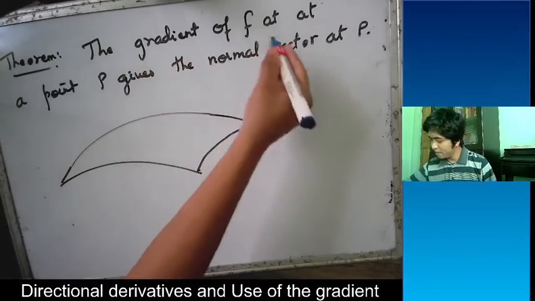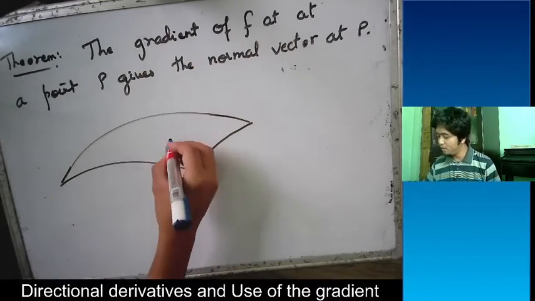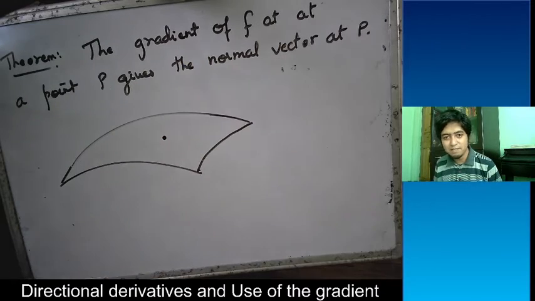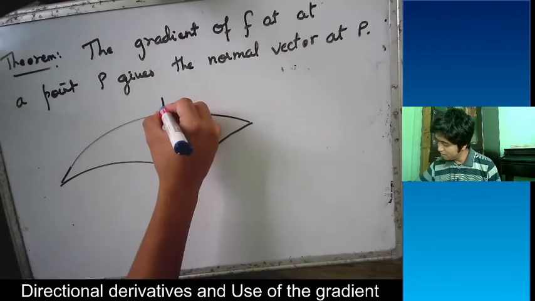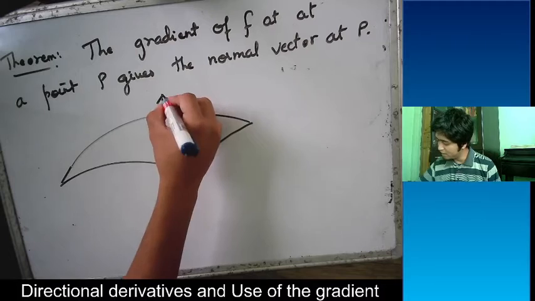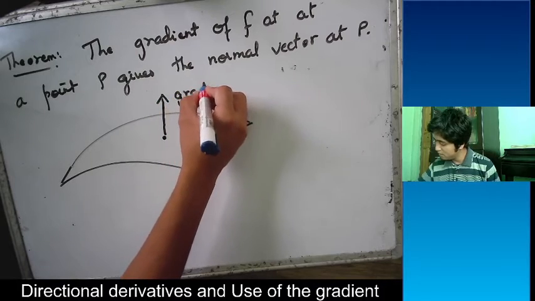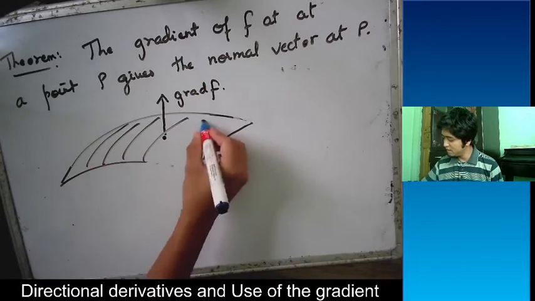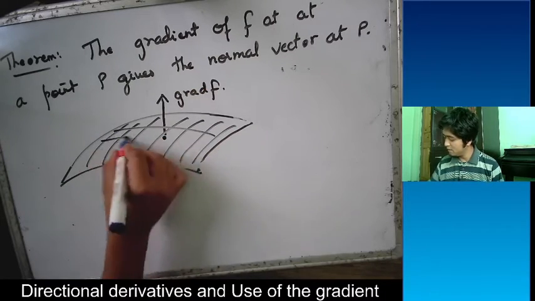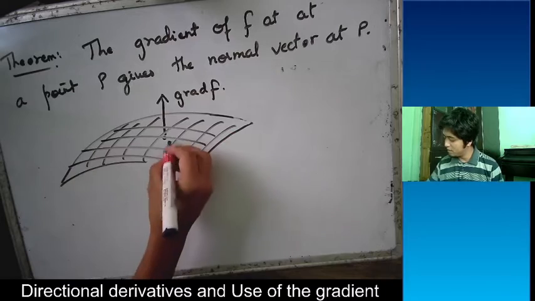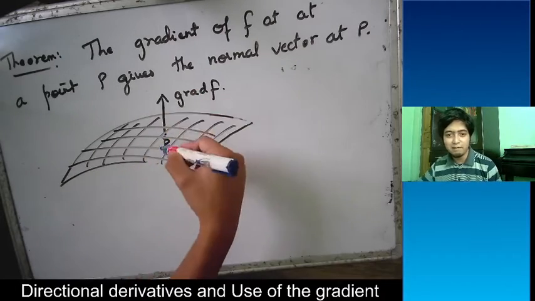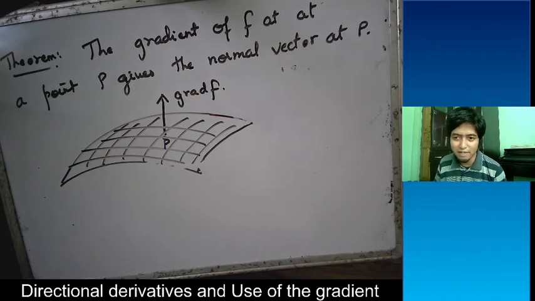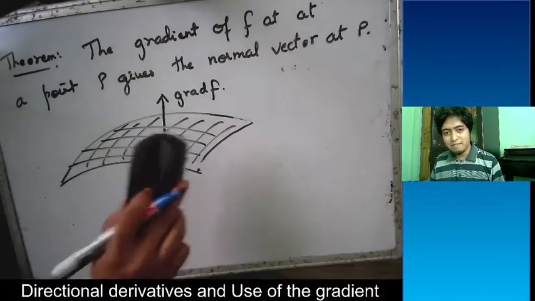So the gradient of f at a point P, so just take any point P on this surface, then the gradient will give you the normal vector. Okay, so if this one is the surface and P is somewhere over here, then the gradient of f gives you the normal vector of that surface at the point P.